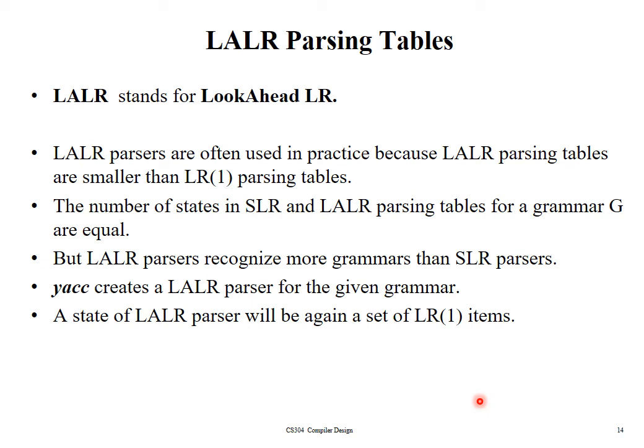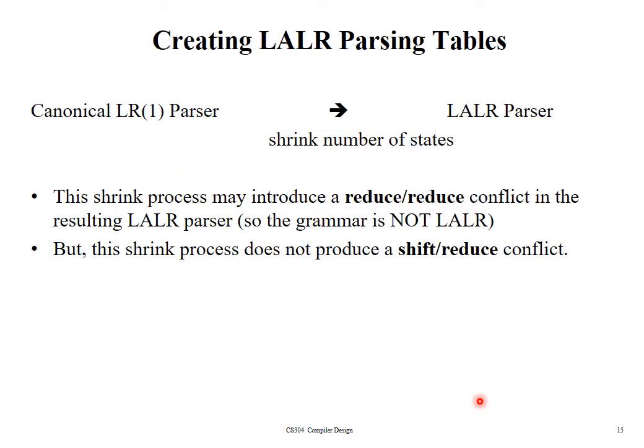So to avoid that, we construct the LALR parsing table by merging states which have the same core part. Here also there is a lookahead, so LR1 items are to be constructed. If we consider the previous example, the only possible conflict that might come is a reduce-reduce conflict. Shift reduce conflict will not come in an LALR parser.